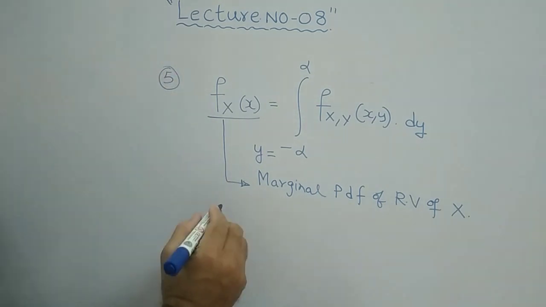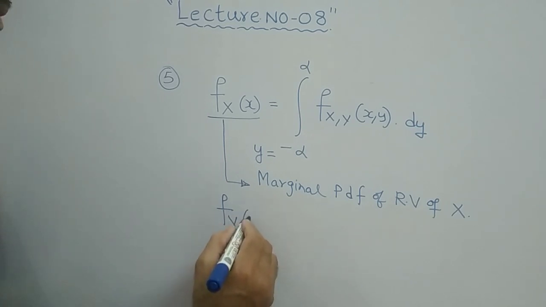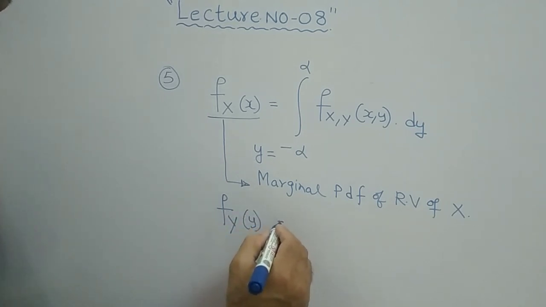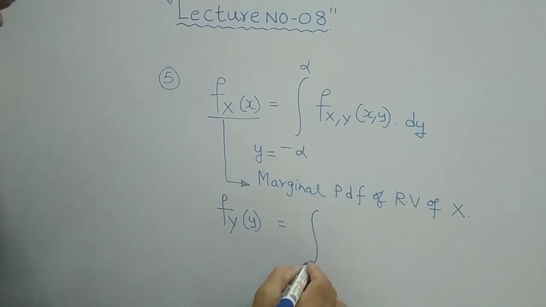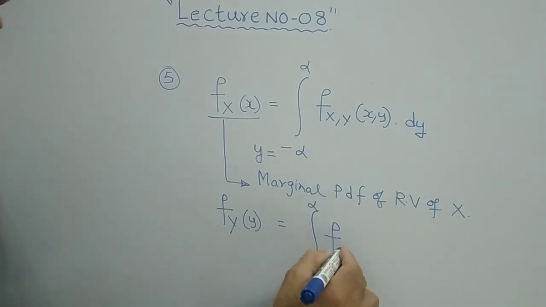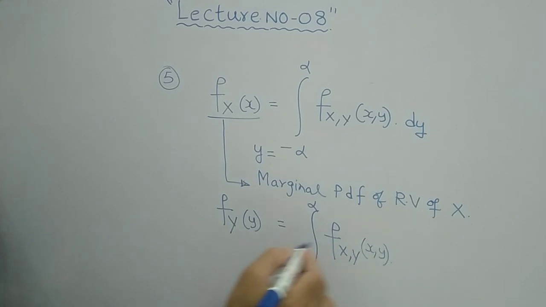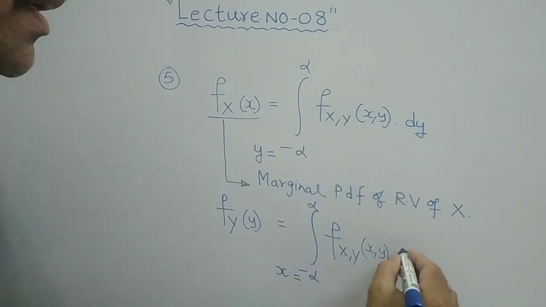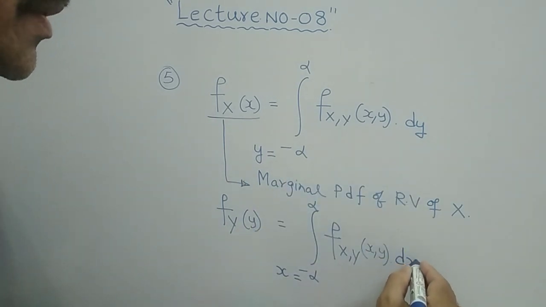Similarly, f of y of y can be written in the same manner: the integral from minus infinity to plus infinity of the joint PDF f of x comma y. If you want the PDF of y, you must consider the limits of x, take the x values, and integrate with respect to dx.